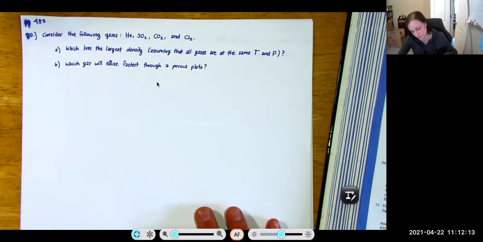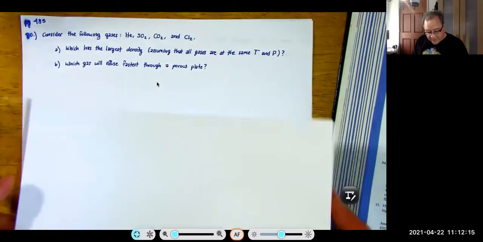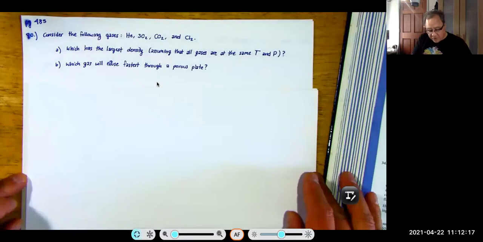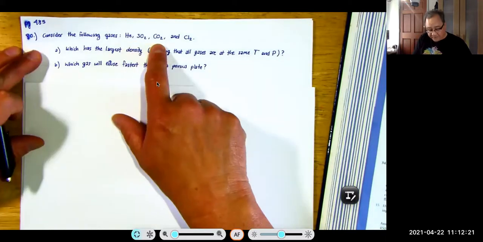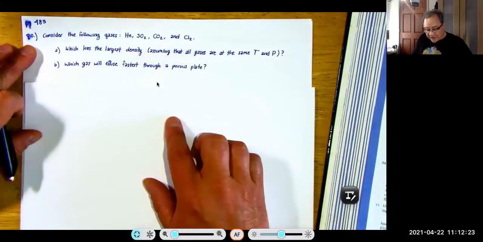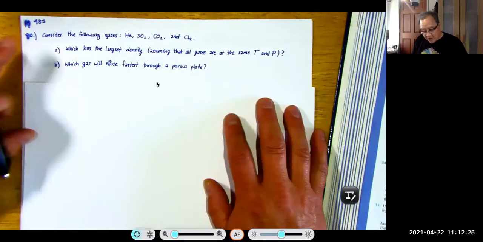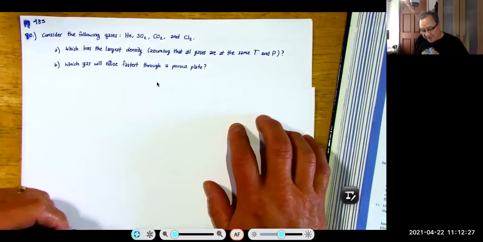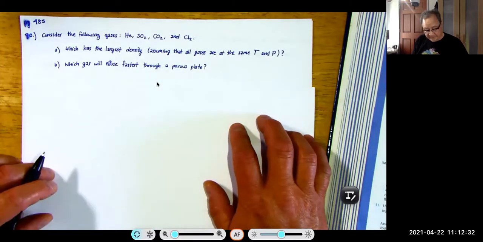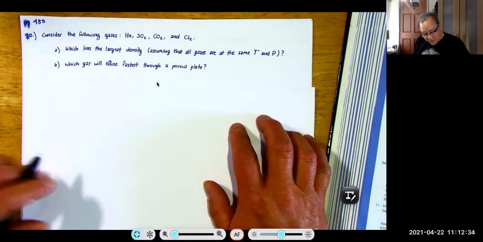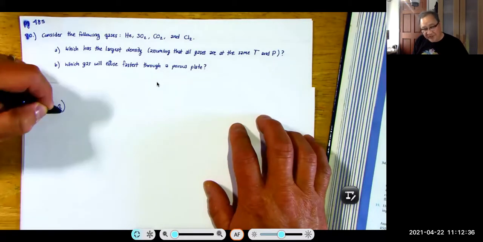There are a lot. Okay, considering the following gases: helium, sulfur dioxide, carbon dioxide, and chlorine, which has the largest density, assuming that all gases are at the same temperature and pressure? So what equation do we probably want to use?